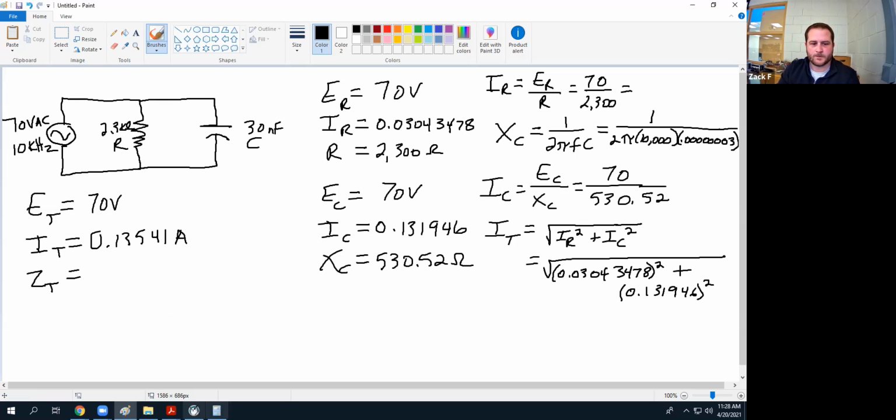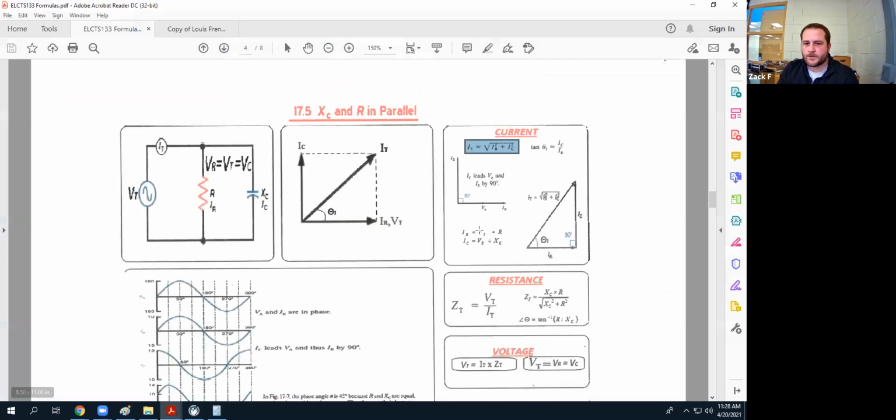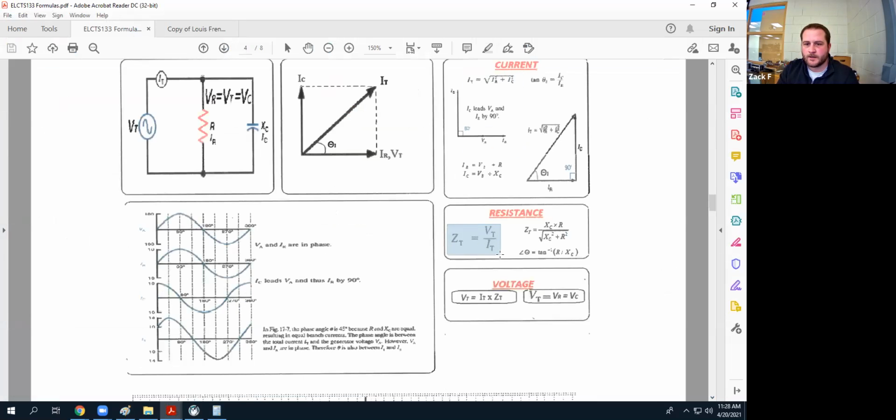Z total. Can we use Ohm's law? Let's look at the formula sheet. Yep, we sure can. Z total equals volts total divided by amps total.